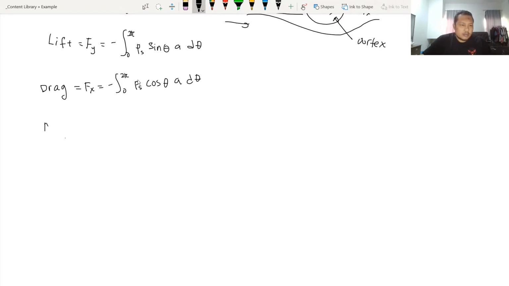This gives ps equal to p naught plus half rho u naught squared times (1 minus 4 sine squared theta plus 2 gamma sine theta divided by pi a u naught minus gamma squared divided by 4 pi squared a squared u naught squared).